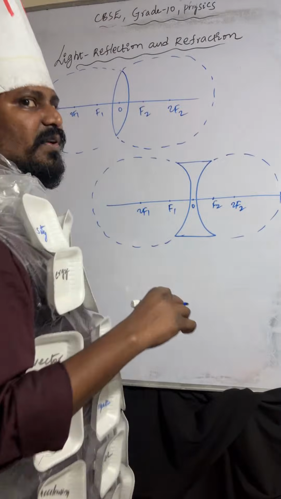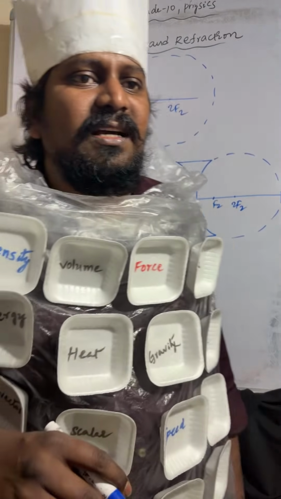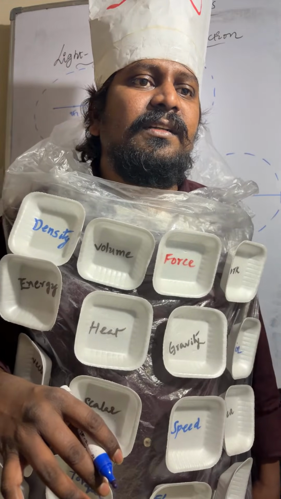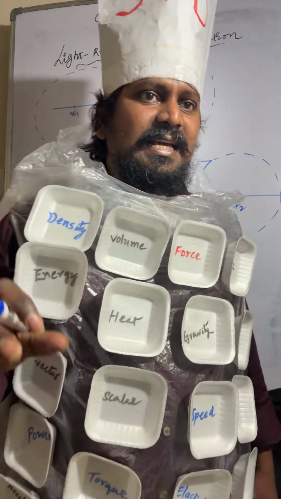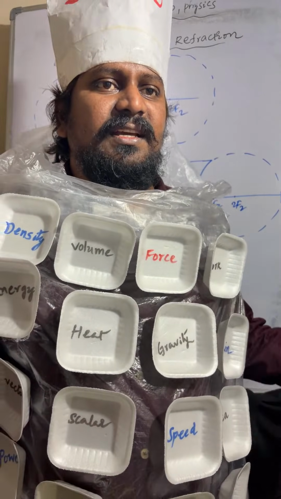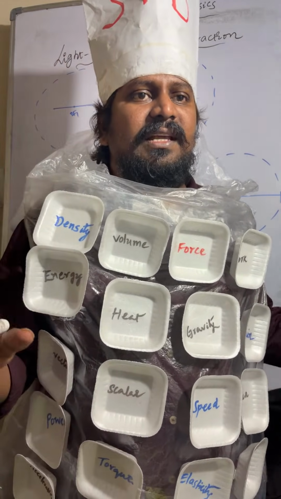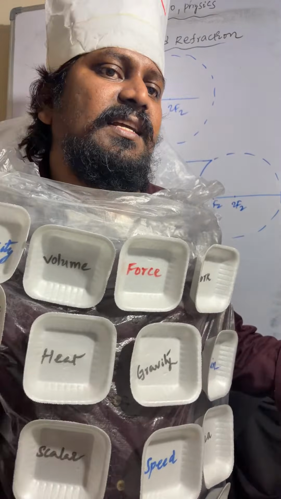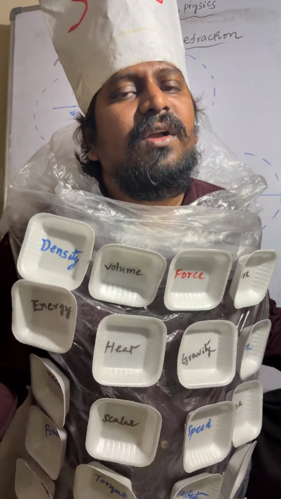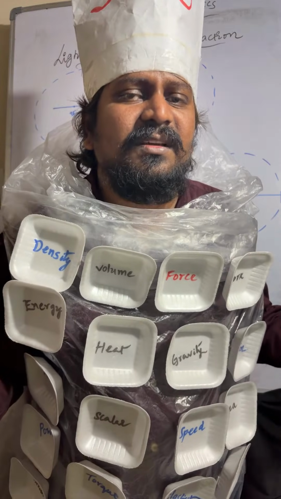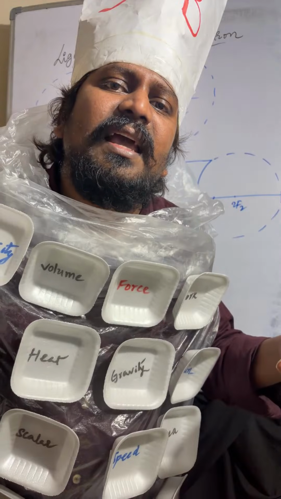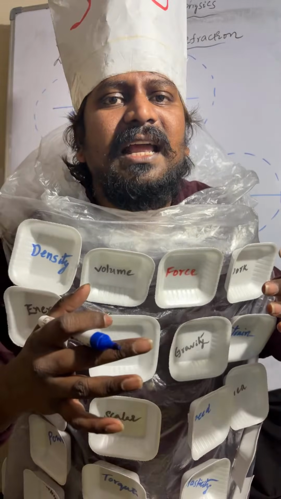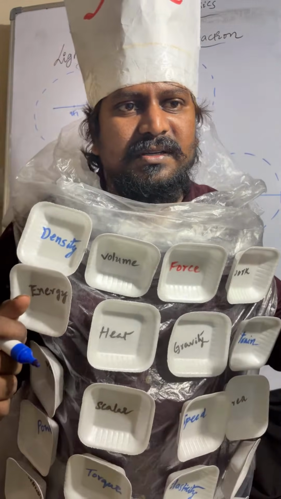Convex lens is also known as a converging lens. Concave lens is known as a diverging lens. Why, sir? Because when light rays are incident on the convex lens, it converges the light rays and they meet at one point.